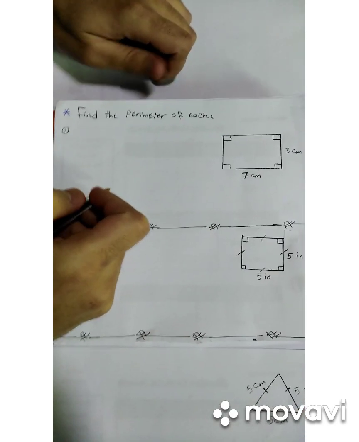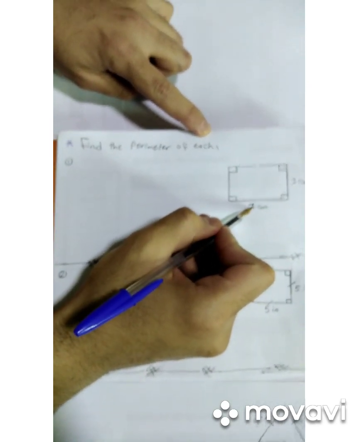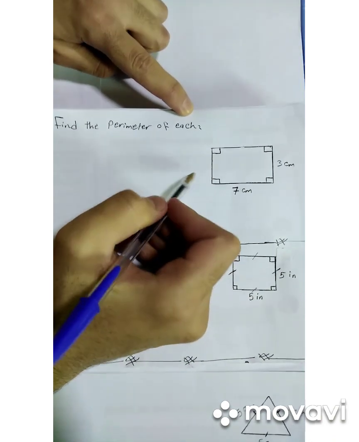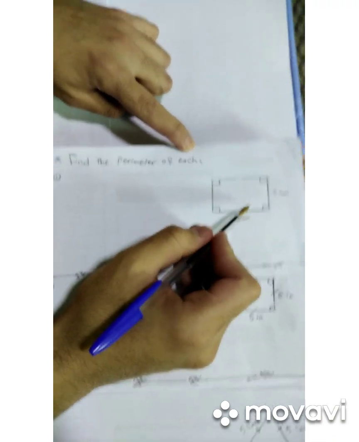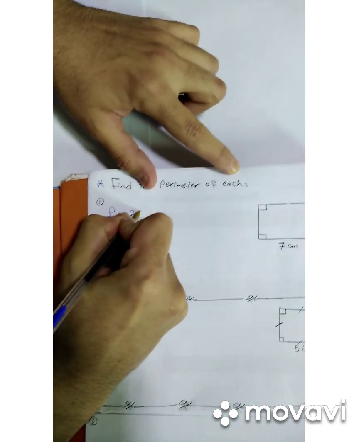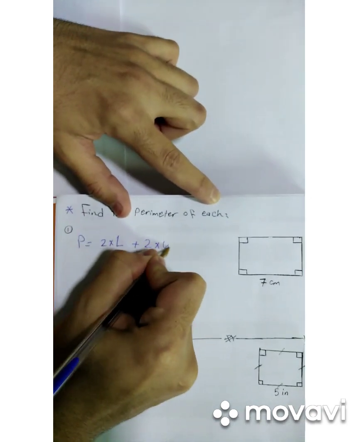Find the perimeter of each. In this figure we have a rectangle. Its length equals 7 centimeters and width equals 3 centimeters. We know that the perimeter of a rectangle equals 2 times length plus 2 times width.